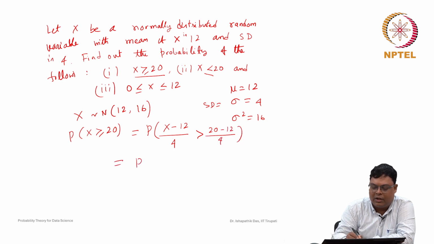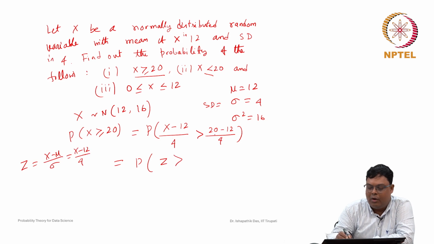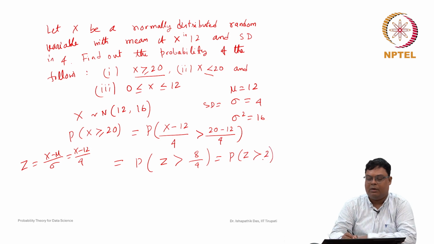So, z is equal to x minus mu by sigma, which is x minus 12 by 4 in this case. So, this is z greater than or equal to 20 minus 12, which is 8, divided by 4, equal to 2. So, the probability is z greater than or equal to 2.